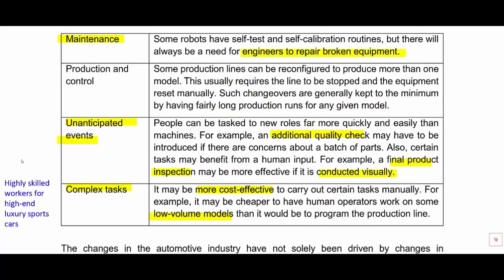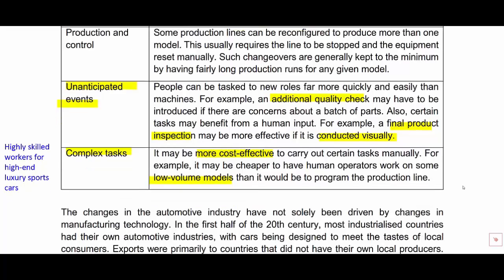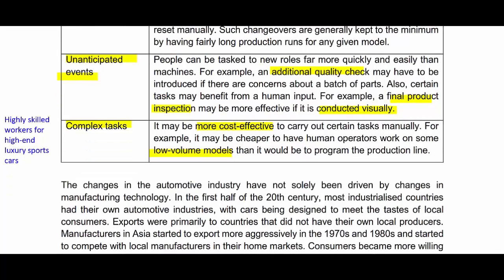And in fact, often buyers will value the fact that highly skilled workers spent additional time polishing up these vehicles, these high-end luxury sports cars, and they don't mind that this adds cost. There's a premium they're willing to pay, and it's a prestige item. So you will find that still these luxury models have a great degree of manual labor involved.